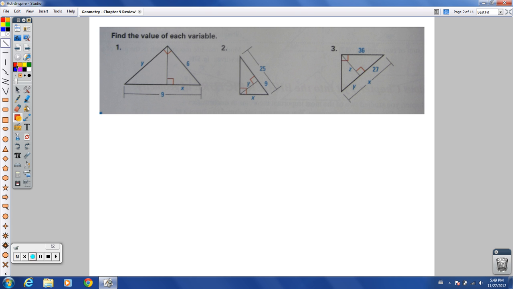So I'm going to color code some stuff here. I'm going to put the smallest triangles in red, the smallest triangle right here in red, and the smallest triangle over here in red. So I'm going to compare similar parts of these triangles to set up proportions.